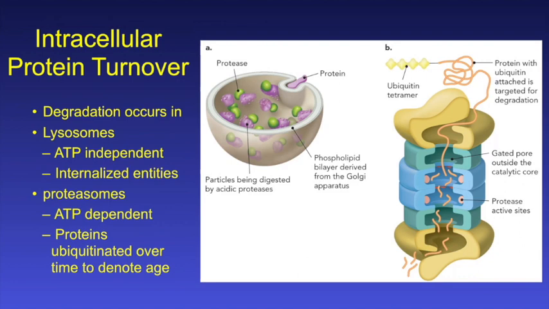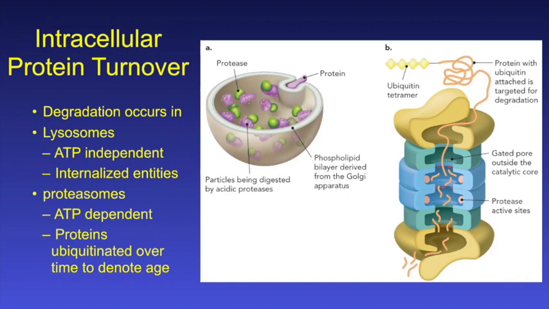Now, we can break down proteins as part of our diet. We can also break down proteins as part of the normal process of biological systems. Once a protein is synthesized, it works, it gets old and ages, and it will be turned over. And every protein has a length of time that it's turned over.